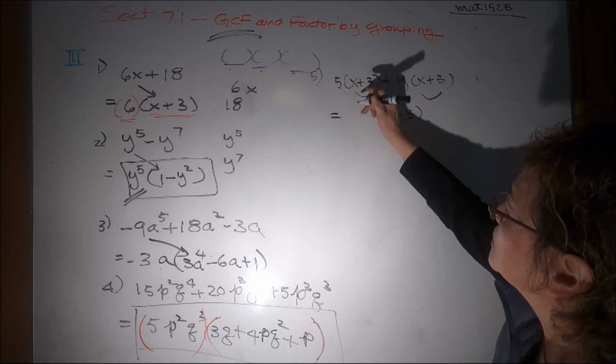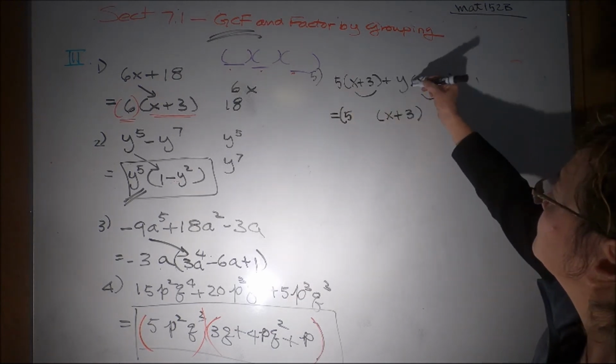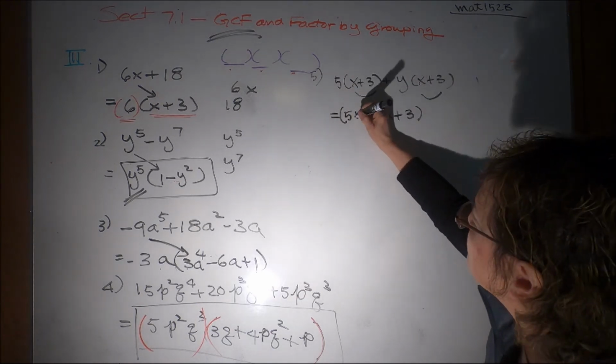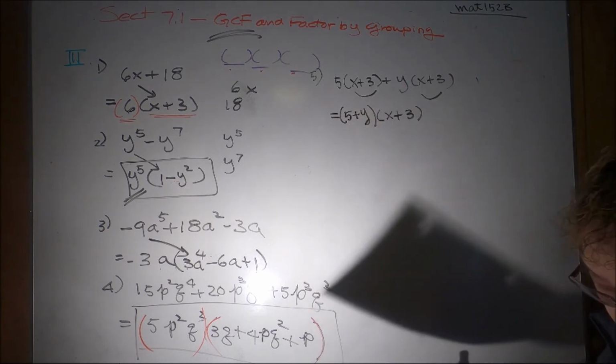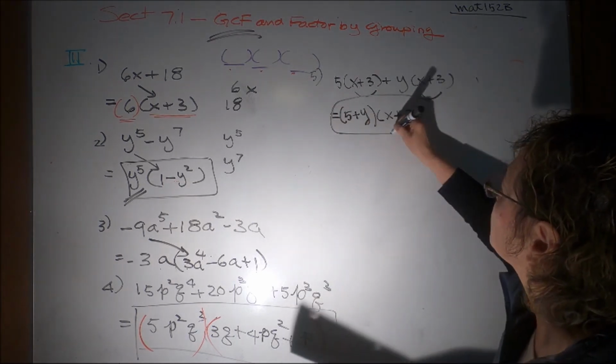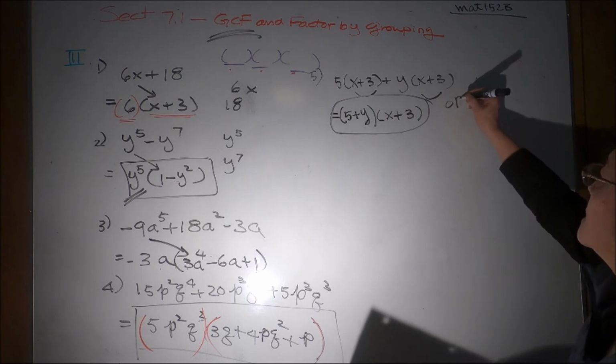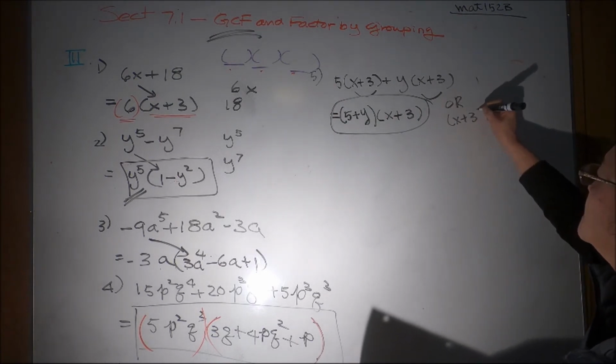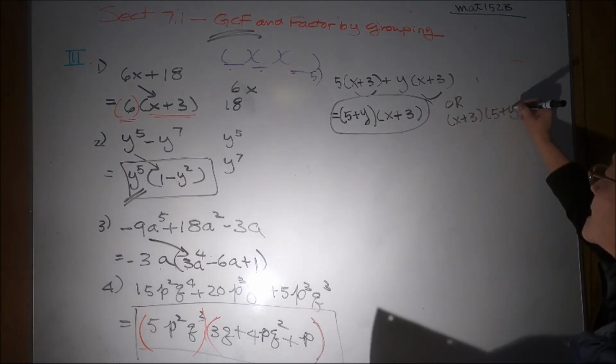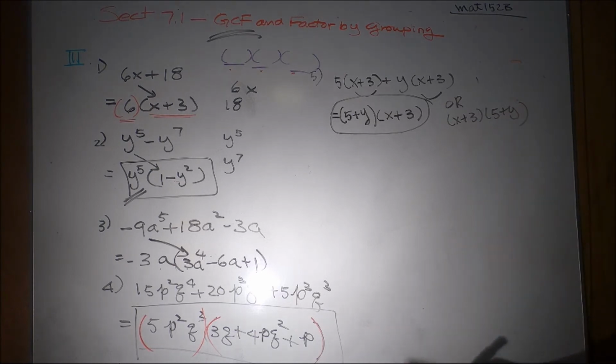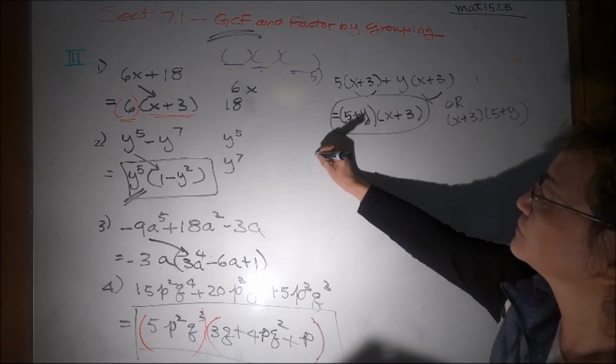For the first group, what's left? 5. For the second group, y. But you have a sign. So that's how you do it. Or you can write x plus 3 times 5 plus y. They are the same. 3 times 5, 5 times 3, they are the same. So the sequence for multiplication is interchangeable. You can do that.